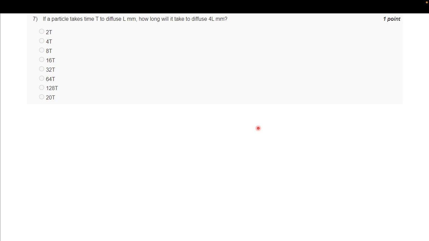Next is, if a particle takes time t to diffuse L mm, how long will it take to diffuse 4L mm? So we have been given a time, we have been given the length the particle diffuses, and then we have been given a new length, and we have to calculate how long it will take. So these are the only values that we have here.